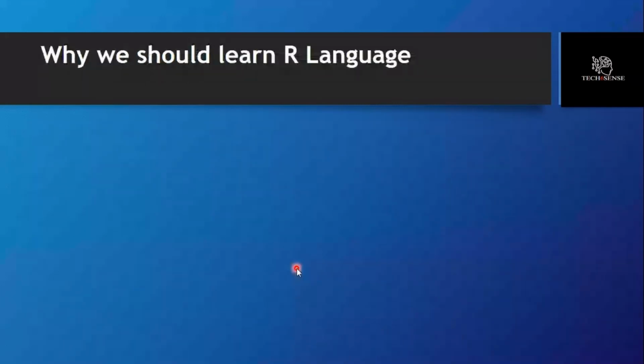Okay. Now come back to the third point of our agenda, that is why we should learn R software or the R language. Anyone who is planning to learn a programming language must have heard that R and Python are the top programming languages right now for a beginner.